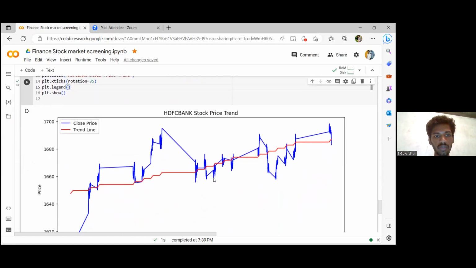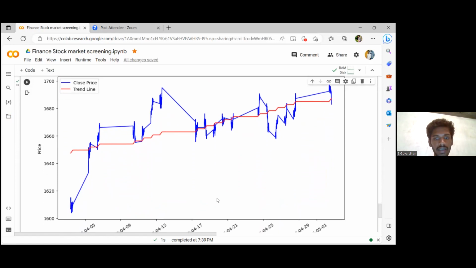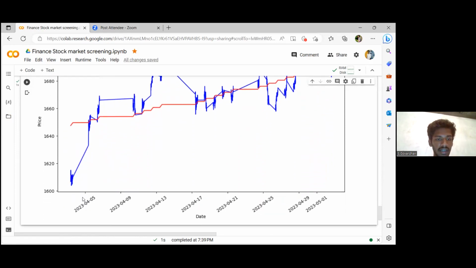Here we can observe when the stock rises from here, goes into the fourth month of 2023, on the fifth date, and increases sharply. Between the fifth and ninth dates of the fourth month of 2023, the stock crosses the border.